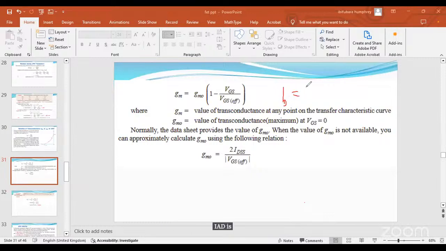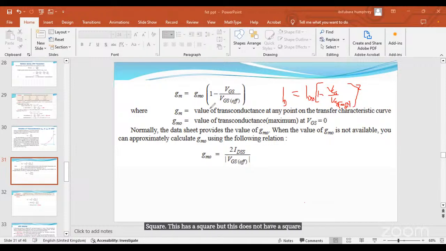ID is equal to IDSS, 1 minus VGS over VGS(off), all squared. This has a square, but this does not have a square.